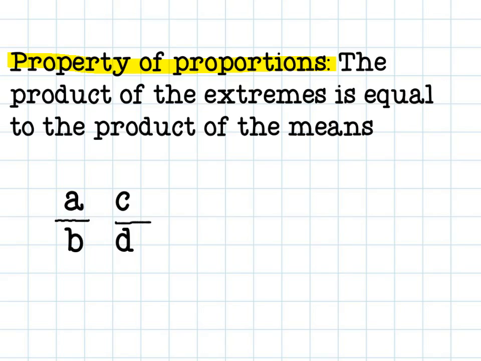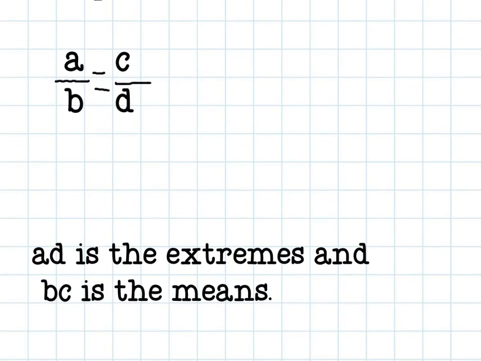Now, the property of proportions says that the product of the extremes is equal to the product of the means. So if we use this as an example, we have A/B is equal to C/D. We read it as A is to B as C is to D. Now, AD is the extremes and BC is the means.